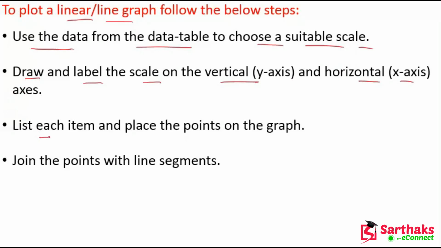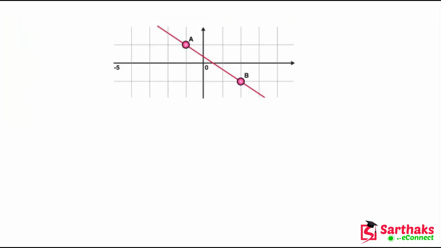Then list each item and place the points on the graph. Now join the points with line segments, so we get a linear graph. First we draw the axes, then represent the points on the x and y axes respectively, then plot the points, then join the line segments, so we get a linear graph.